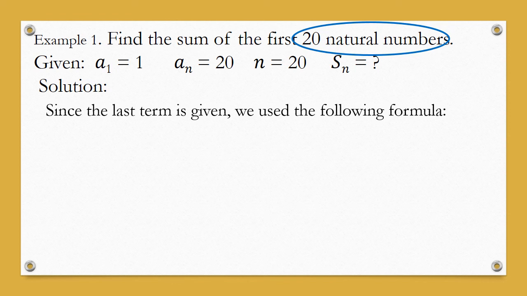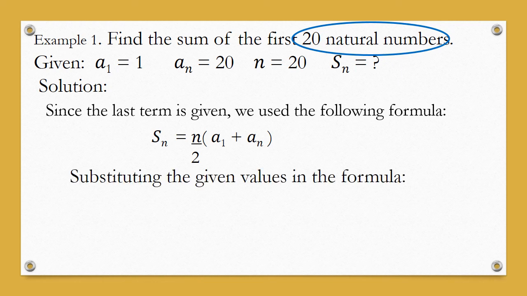Since the last term is given, we use the following formula. S sub n is equal to n over 2 times a sub 1 plus a sub n. Again, given ang last term at saka first term. So, ito ang gagamitin nating formula. Okay. By substitution, S sub 20 is equal to 20, which is the value of n, over 2 times 1, the first term, plus 20, which is the last term.